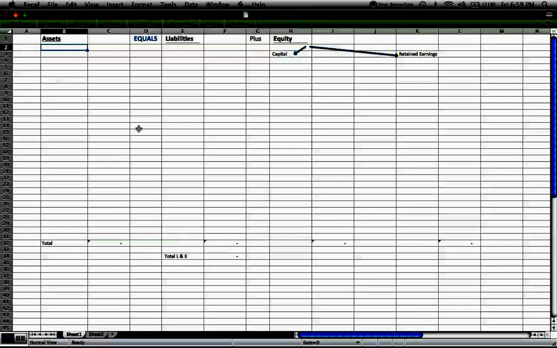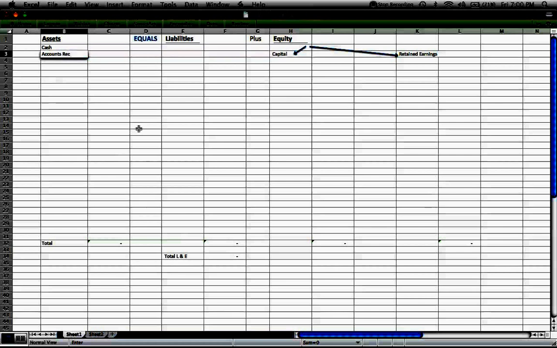Let's jump back to assets and talk about different types of assets. The first one that comes to my mind is cash. And when we say cash, we don't just mean the green stuff that's in your wallet. We mean what's in your checking account, your savings account, your money market account, etc. The second asset I'd like to talk about is accounts receivable.